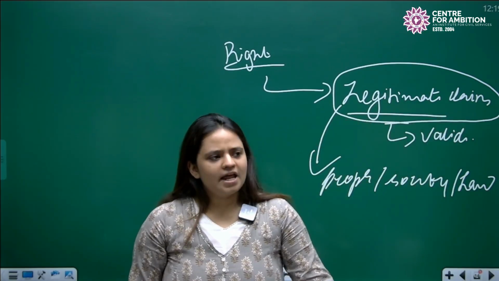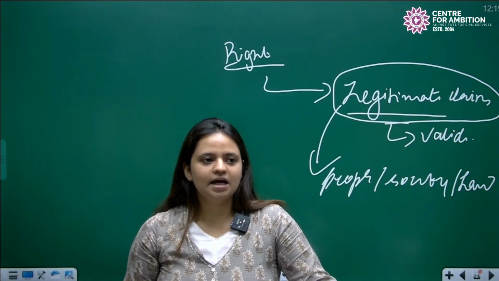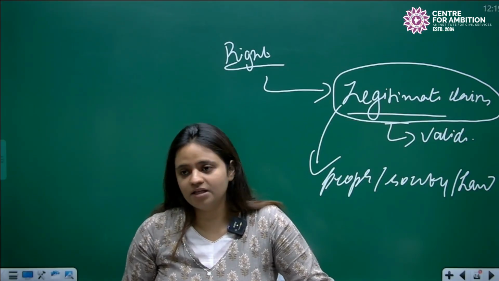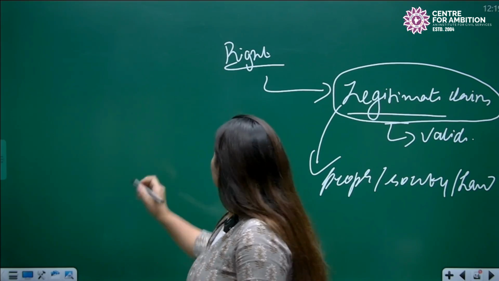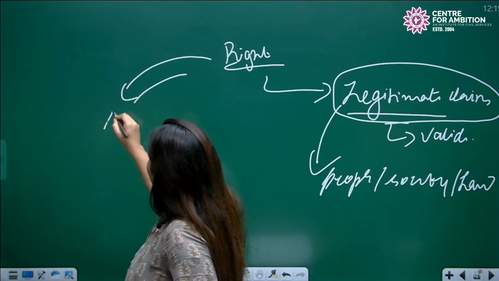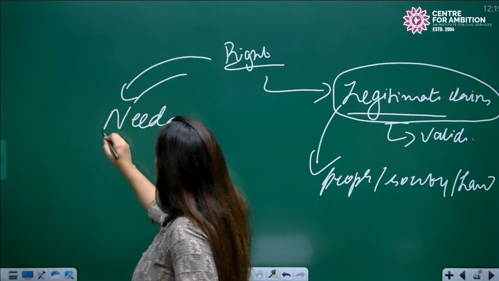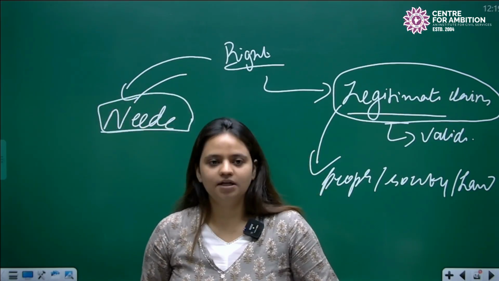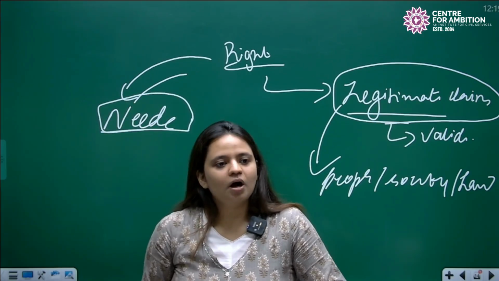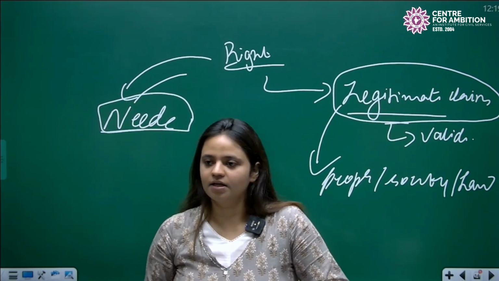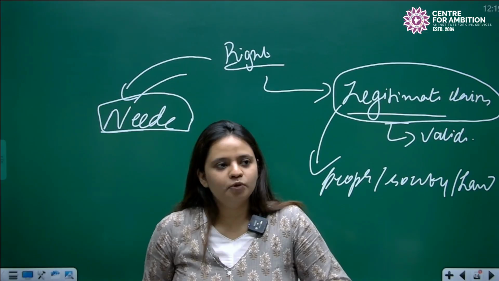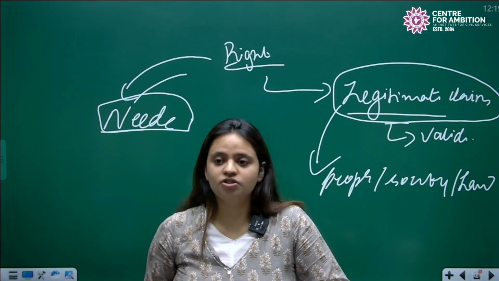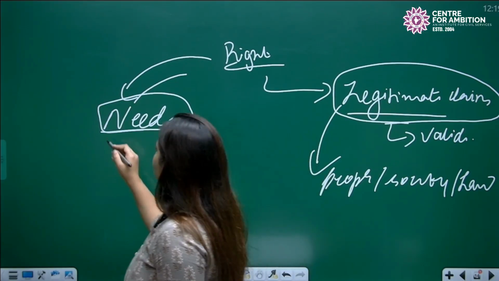Okay, so the next question that comes here is, since I know my rights, why do I need rights? ठीक है, तो rights तो हैं, but वो ज़रूरत क्या है इनकी? So what are the needs of rights? See, when you live in a society and you don't have rights, तो आप अपने आप को develop कैसे करेंगे? ठीक है, there are some potentials that need to be achieved as a person, as an individual.